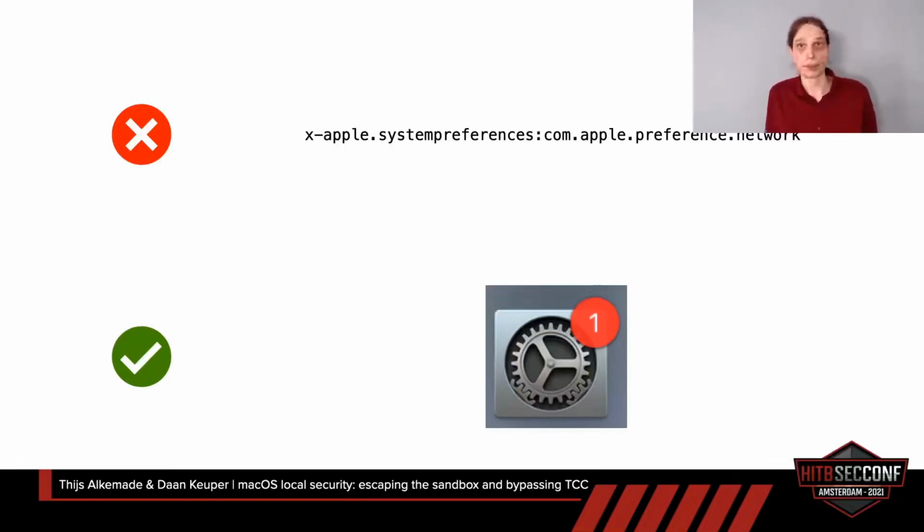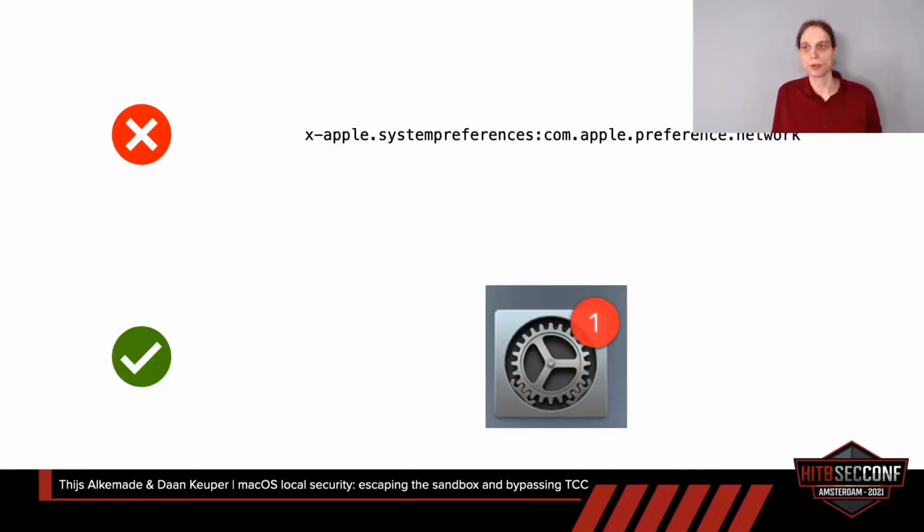But there is something new in preference panes, and that is the ability to add alerts. So what you've probably seen is this badge on system preferences. When there's an update waiting, you see this badge appearing because there's something that needs to be installed. Now, any preference pane can add this alert, even a third-party preference pane.